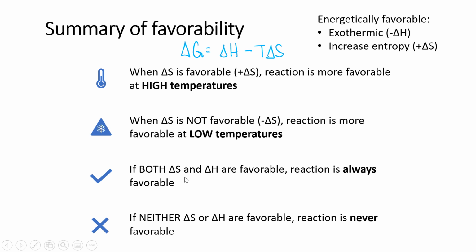If both variables are favorable, it will occur at all temperatures, so it's always going to be favorable. Remember, by favorable we mean that your delta H is negative and entropy increases. And if neither one is favorable, so if it's endothermic and the entropy decreases, that type of reaction is never going to be favorable.